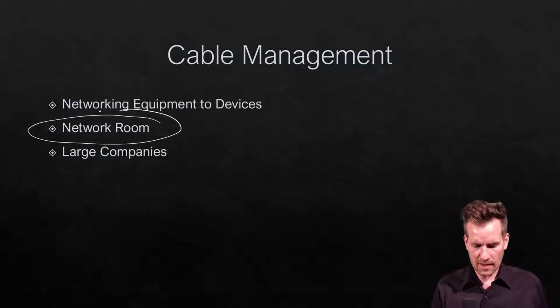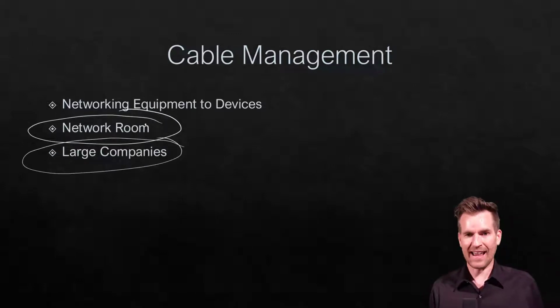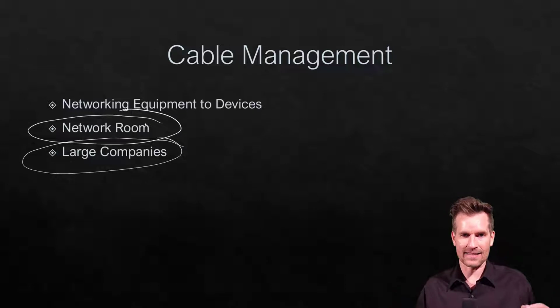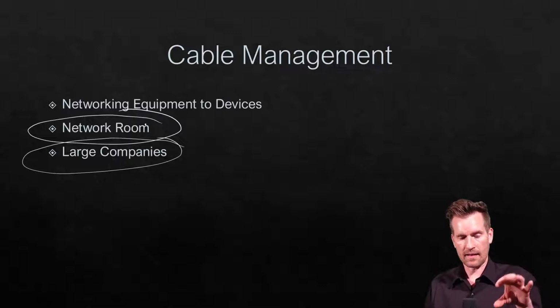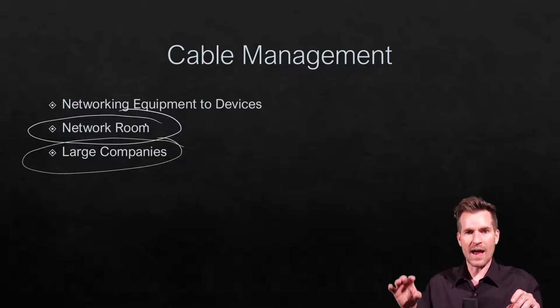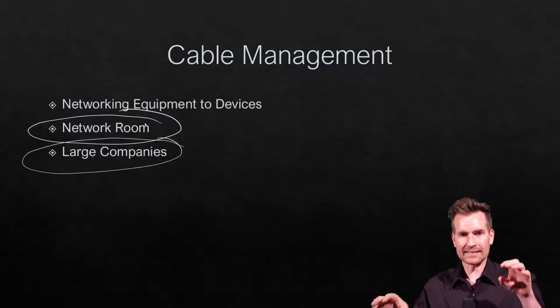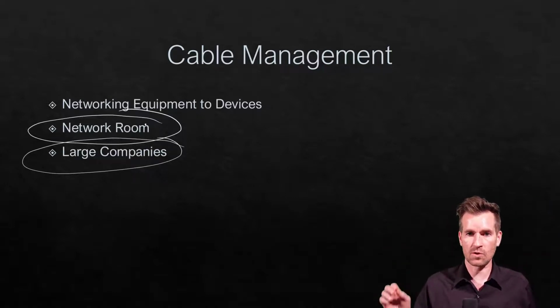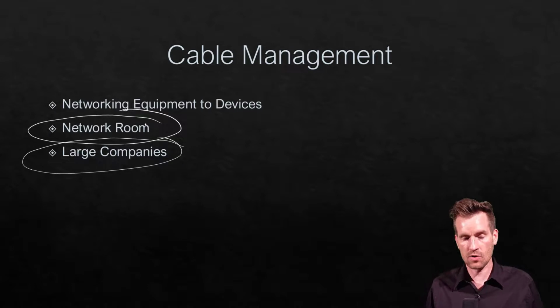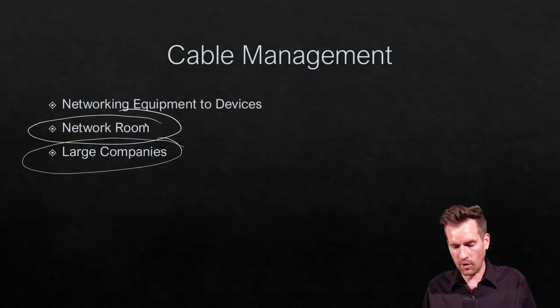And then with large companies, you'll have MDFs and IDFs. That is a main network room that has a lot of your equipment and your distribution equipment in there. And then you have a bunch of access closets where you have more access equipment to connect the end devices to the network. So that would be for a bigger company.